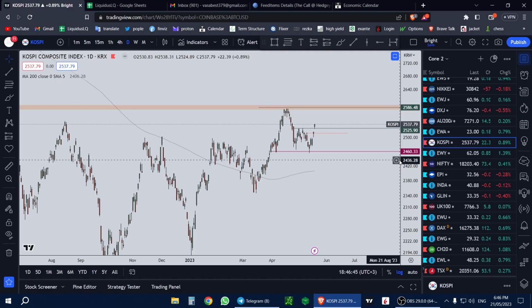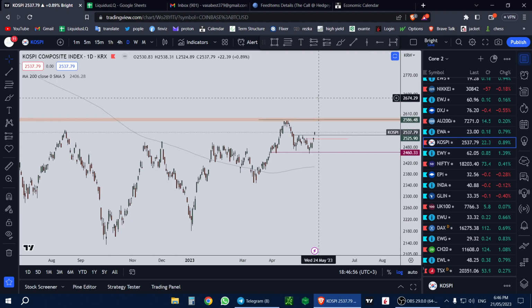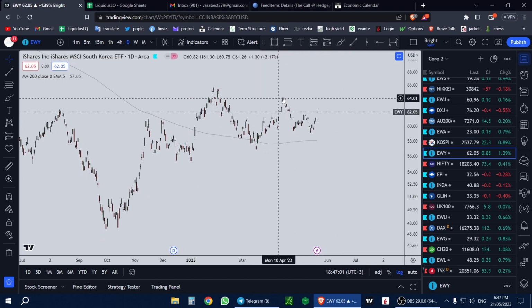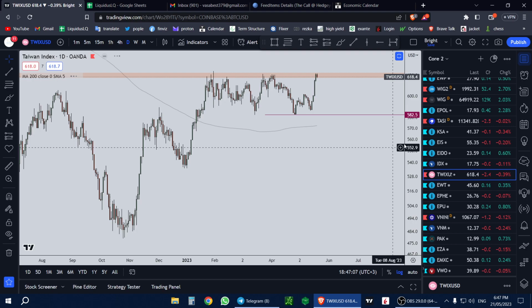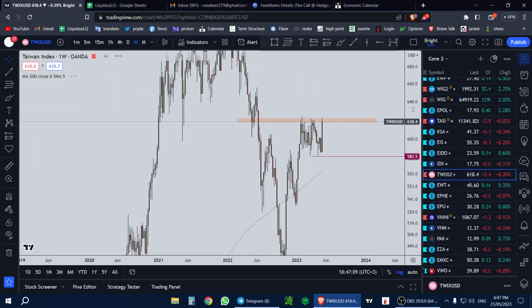Tech and tech sensitive things perform exceptionally well right now, and if you want to ride the momentum, this is the place to do it. So Kospi, bullish trend, bullish trade. We expect Kospi to reach the previous cycle high. EWY, we expect to reach the previous cycle high as well. So positive on Kospi, positive on TWN.